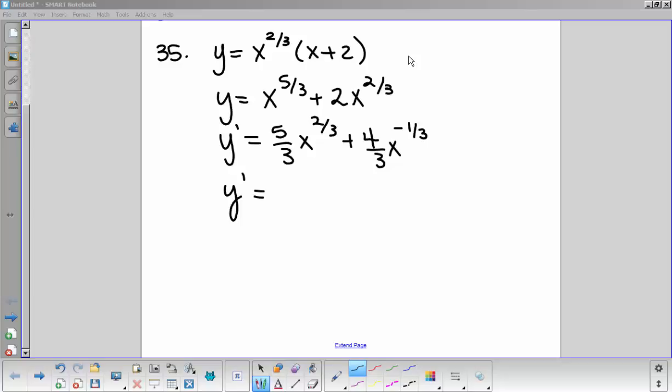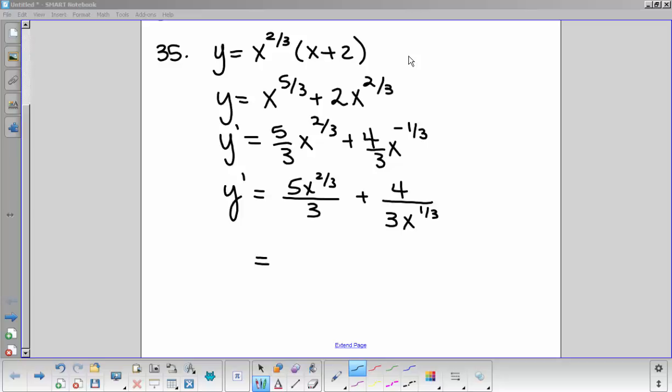All right, so I'm going to put things where they belong. y prime is equal to 5x to the 2/3 over 3, plus 4/3x to the negative 1/3. I'm going to get a common denominator. What's the common denominator here? 3x to the 1/3.